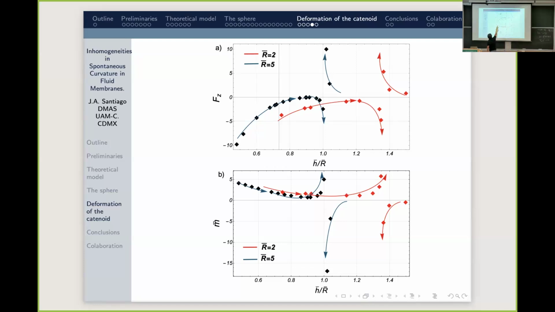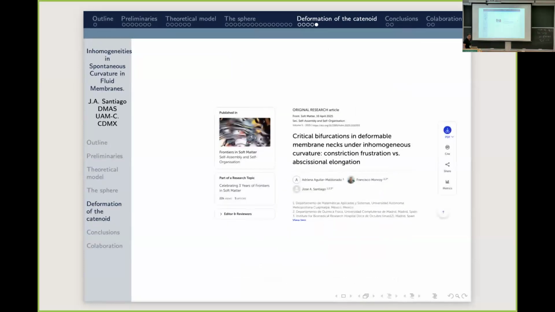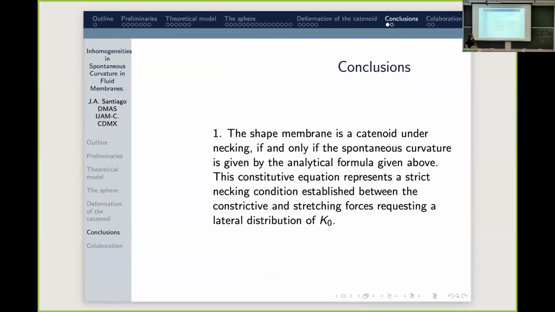For two radii, for instance, we have these numerical results. This is a recent work in this paper. And the conclusion is that the membrane shape is a catenoid only if the spontaneous curvature is given by the analytical formula, right?